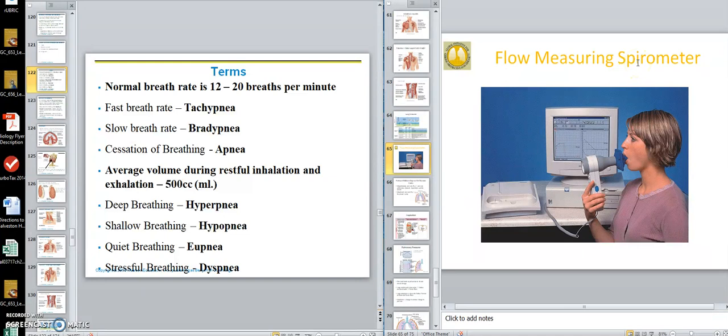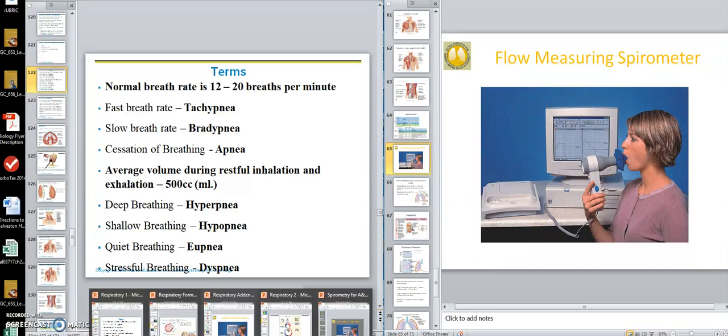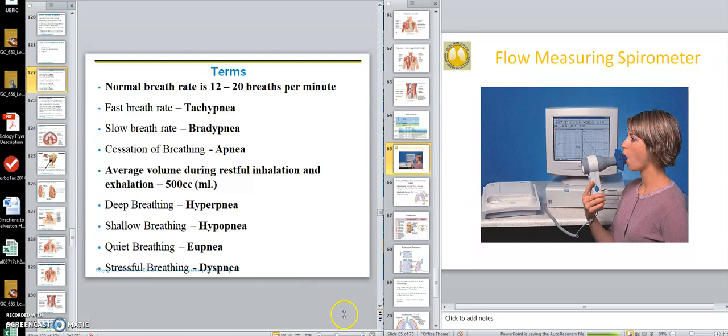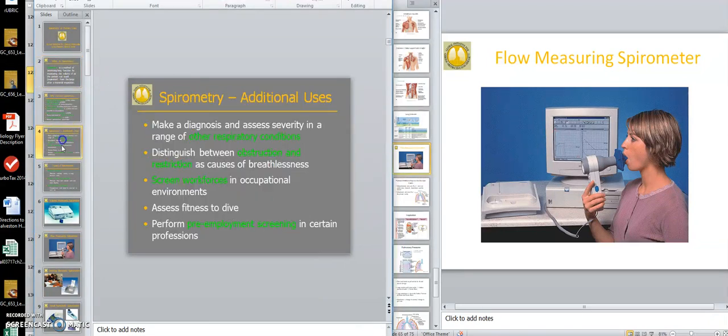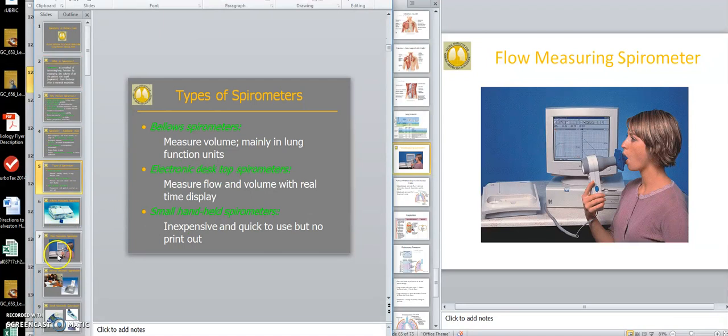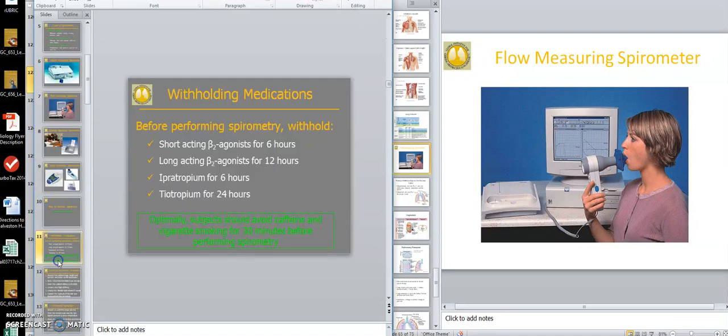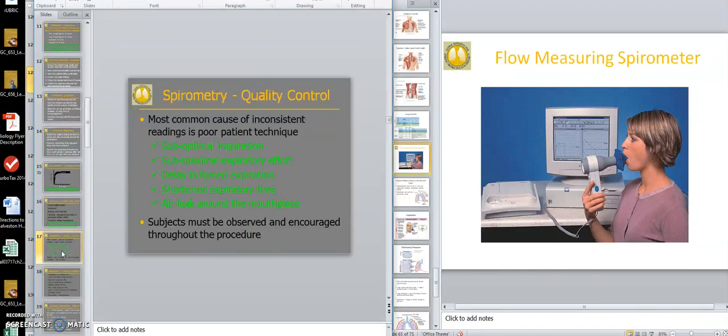A spirometer. Now, I have a PowerPoint called spirometry, and it describes everything. We may talk on that, the spirometry aspect, how we would look at different things like asthma and various things like that.